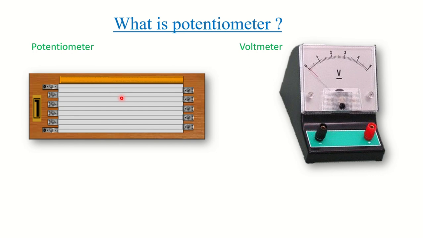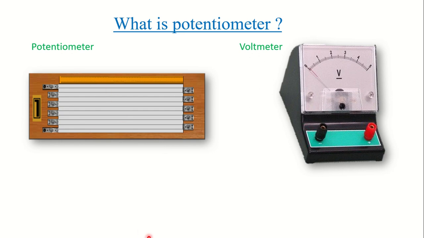In a potentiometer, there can be 4 meters, 6 meters, 8 meters or 10 meters of wire connected between the points A and B. Depending on the length of the potentiometer wire, the potentiometer will be more sensitive and more accurate if the length of the wire is more. If it is 4 meters, it will be less accurate than a 10 meter wire.